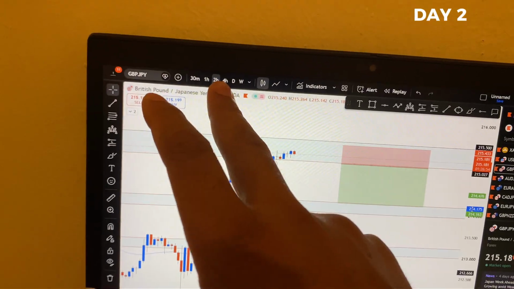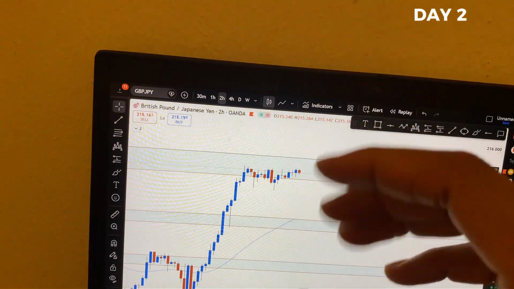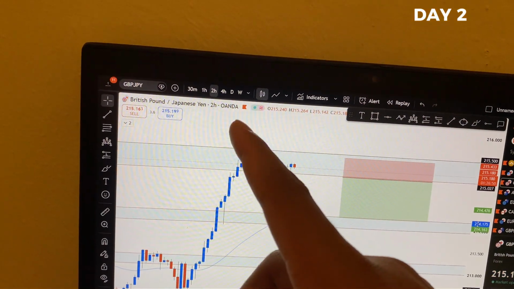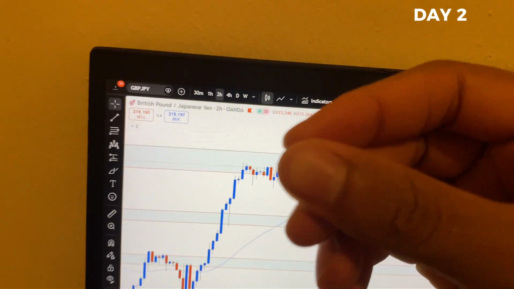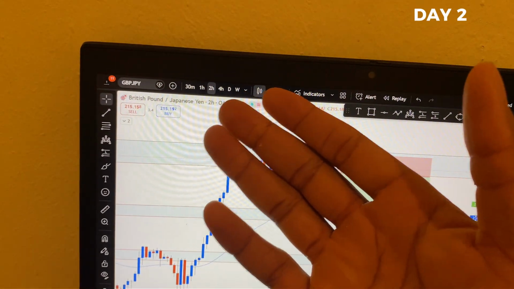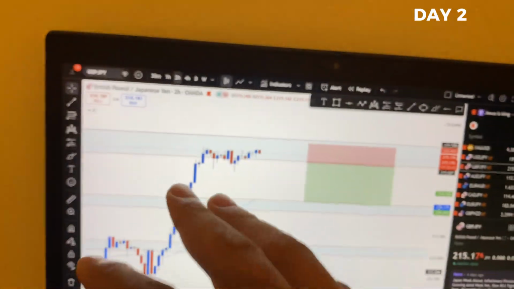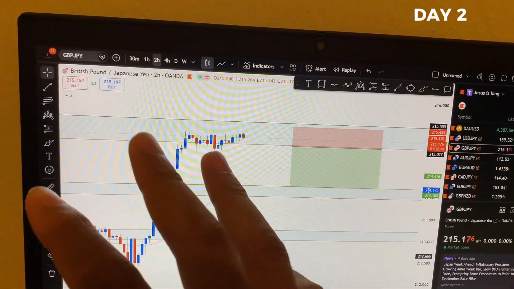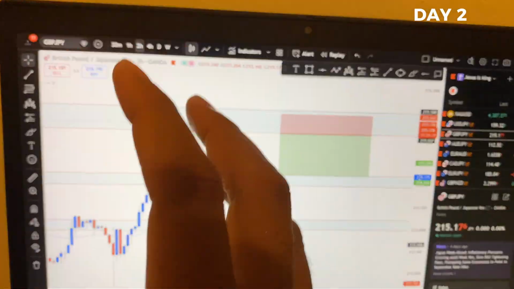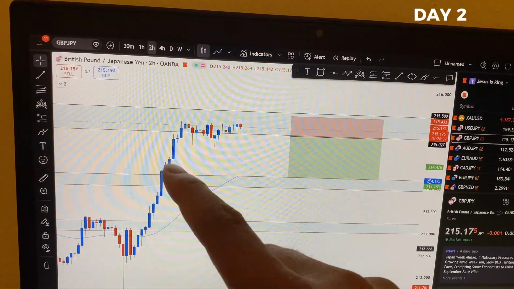I also use the 4 hour to enter a position, even though I also use it for the trend. But what I'm saying is that the lower time frames have to be in line with the higher time frame before me taking the trade.